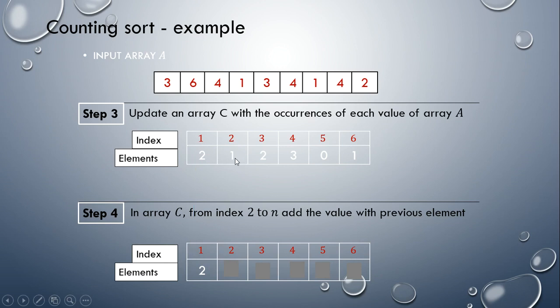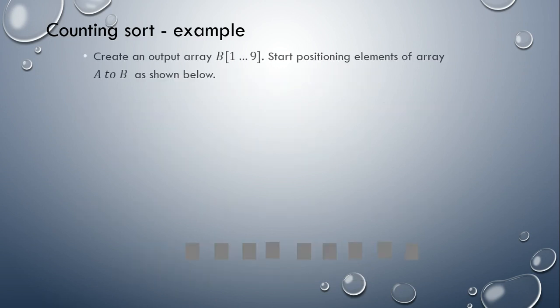So 2 plus 1 is 3, 3 plus 2 is 5, 5 plus 3 is 8, 8 plus 0 is 8, and 8 plus 1 is 9. This represents the actual position of a given value in the sorted array.